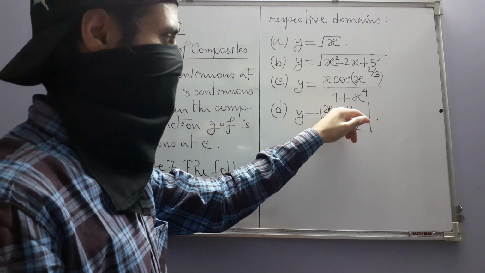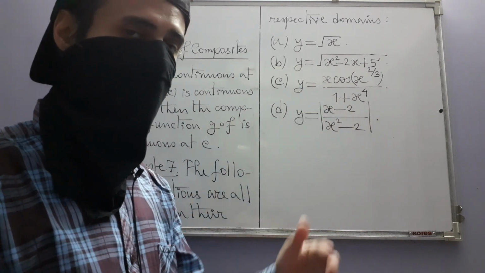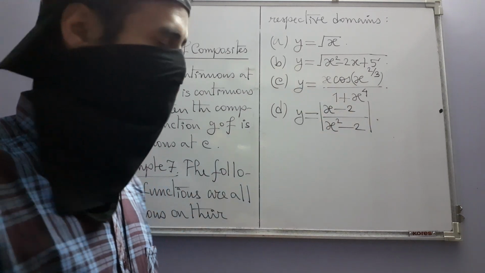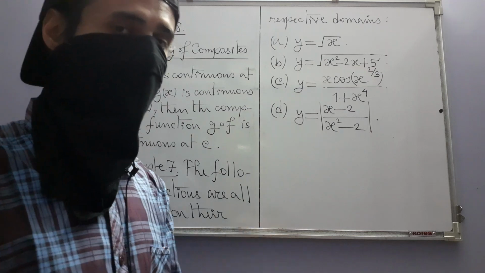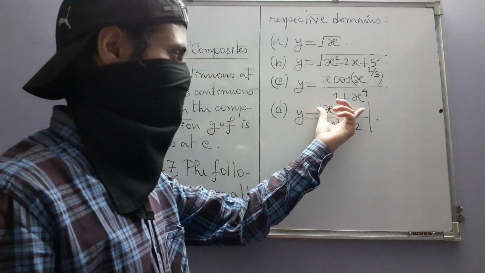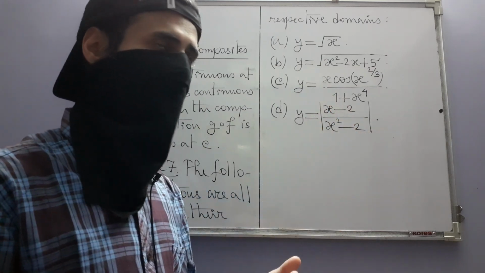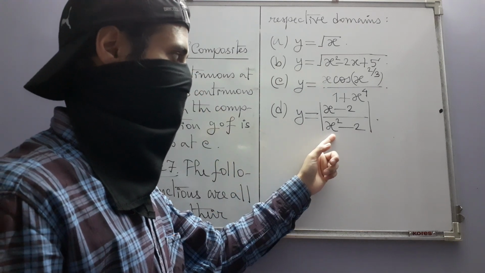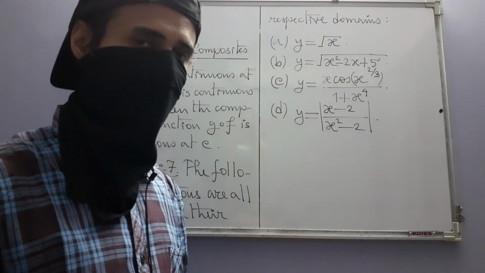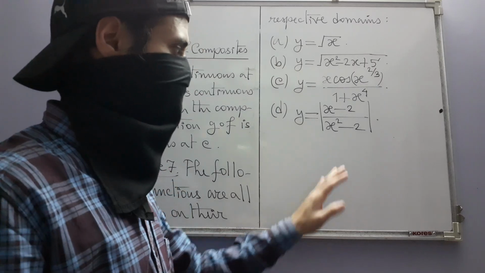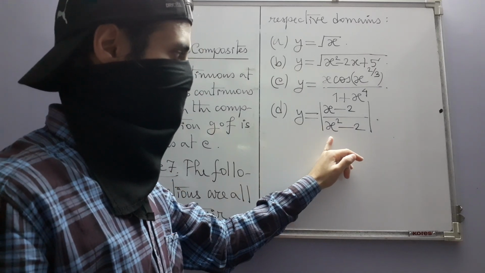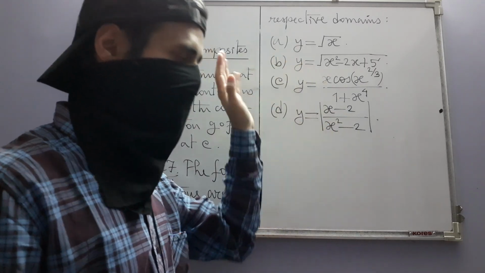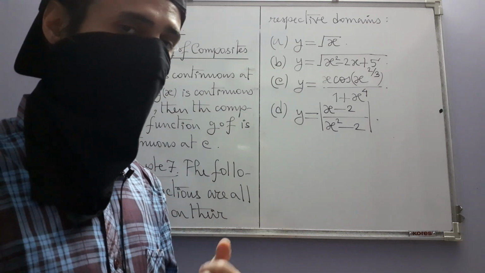Let us concentrate on this quotient only, x minus 2 over x square minus 2. So it's a rational function. The numerator and the denominator are both polynomials, and there are 2 points at which the denominator vanishes, namely minus and plus square root of 2. So other than those 2 points, this rational function is continuous by theorem 7.